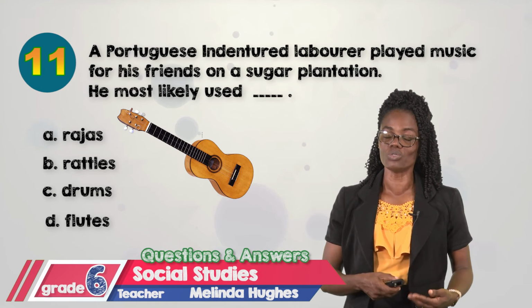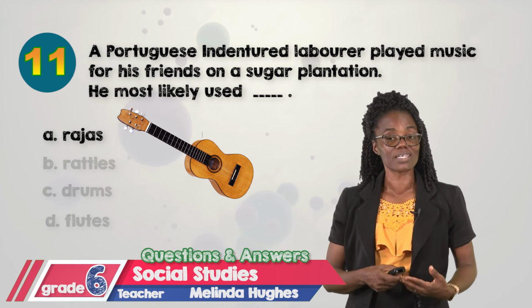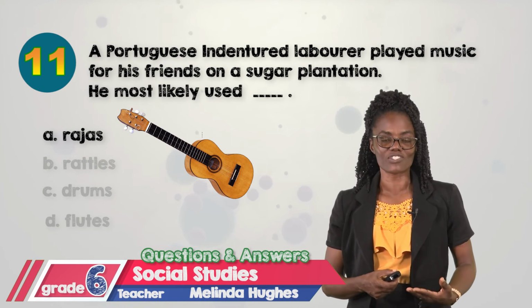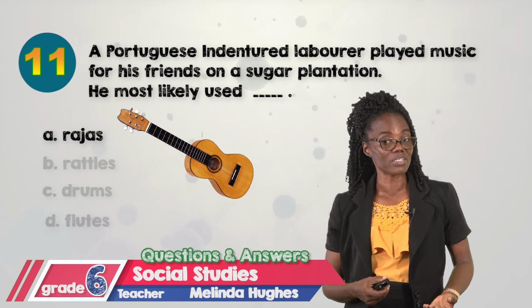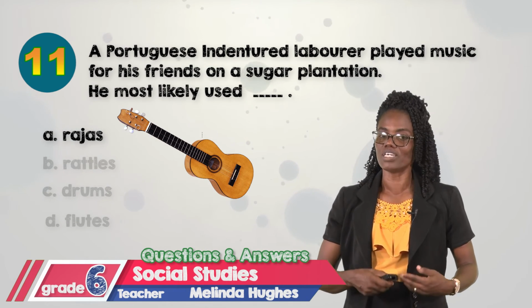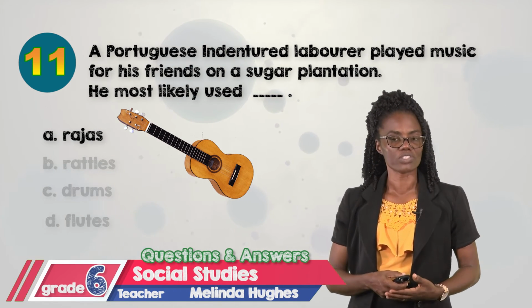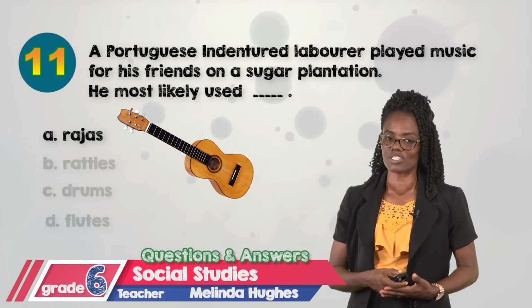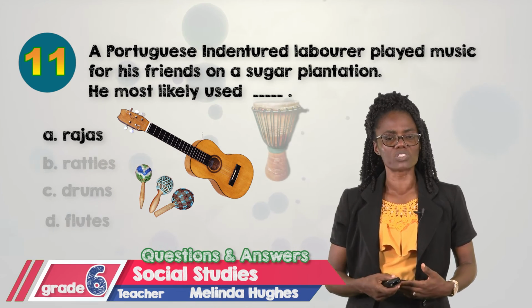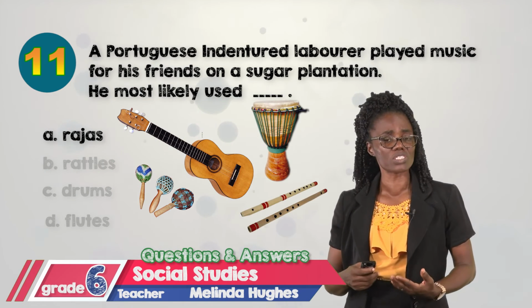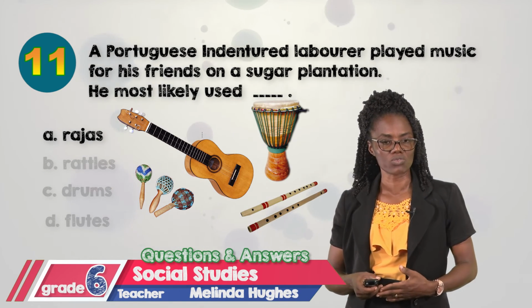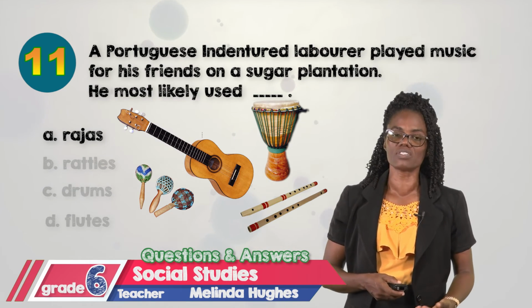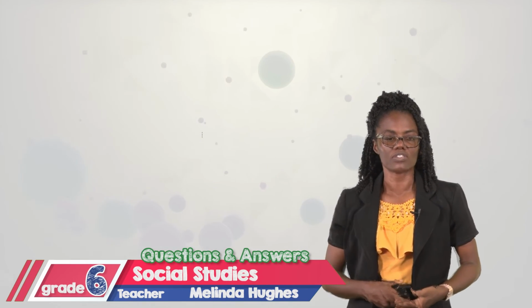Portuguese would have used the raja as a musical instrument, and so as indentureship ended, they would have introduced some of their instruments or their customs and beliefs into the Guyanese society. Rattles, drums, and flutes are associated with some of the other ethnic groups, for example, the Africans and the Amerindians.